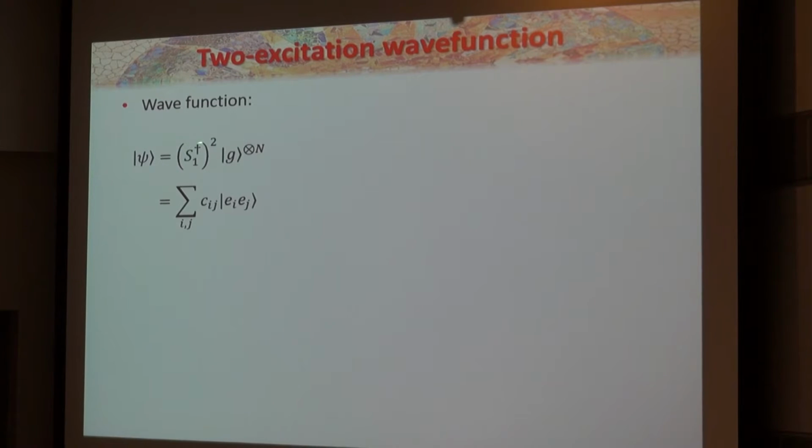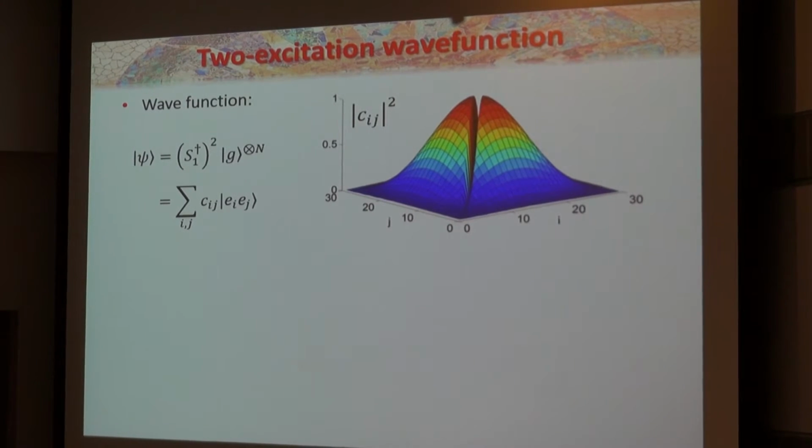I take the single excitation state, I square it, and I can write it as a sum over any 2 atoms, i and j, being excited. Cij is the amplitude of that wave function. I can plot Cij on a 2-dimensional space. What you see is that it's relatively smooth overall, except along the diagonal, where this amplitude is 0, because I can't take the same spin and excite it twice.